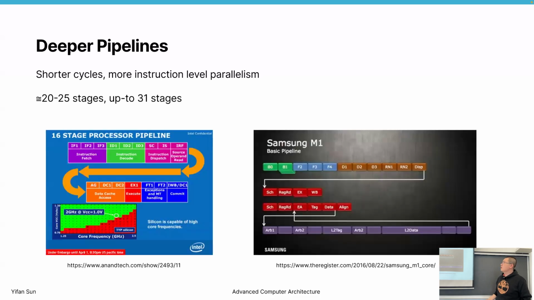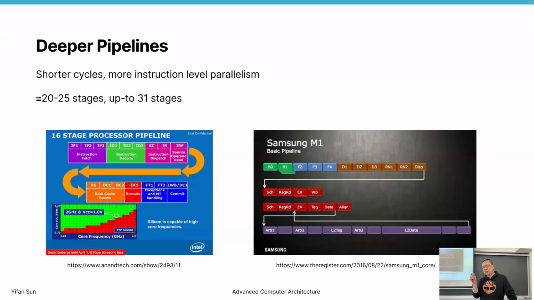So what are deeper pipelines? People want shorter cycles, faster clock cycles, like turning from 1 gigahertz to 3 gigahertz so that it can run faster. Now remember, a perfectly running pipeline is always one IPC, one instruction per cycle, or one cycle per instruction.